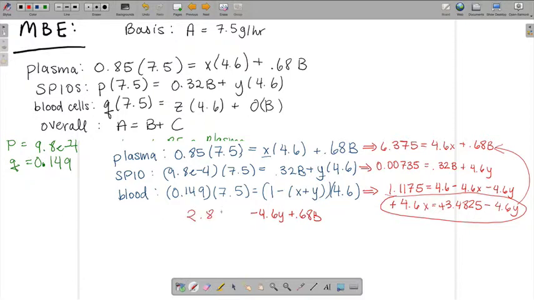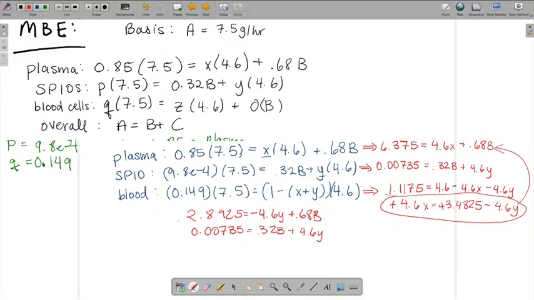So 2.8925 is equal to negative 4.6y plus 0.68b. And then we also know that 0.00735 is equal to 0.32b plus 4.6y.